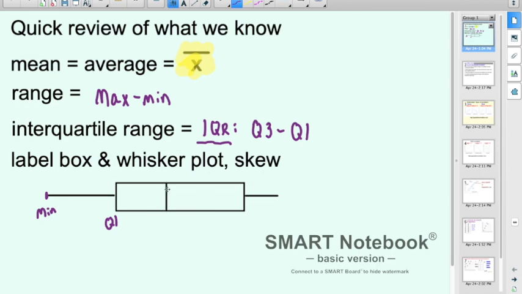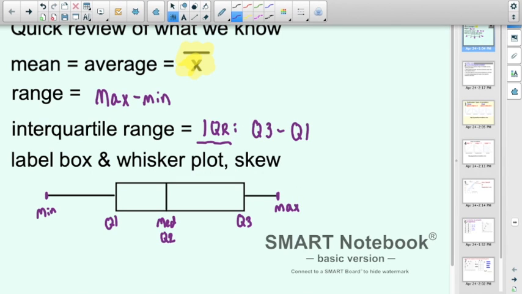And then we come to this part of the box, the middle, that is your median, or your Q2. Come to this part of the box, this is quartile 3. And then the last part of the box is your max.